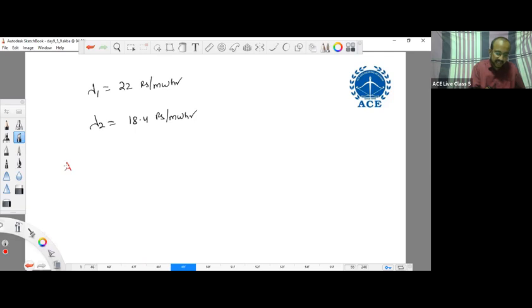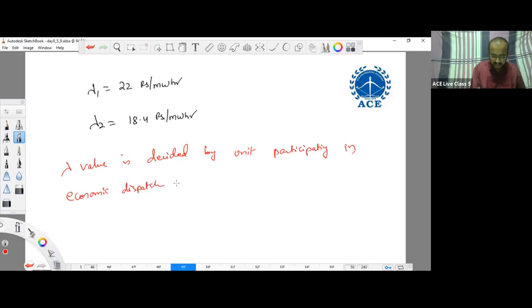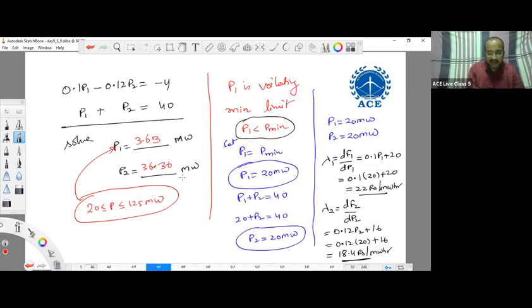Lambda value is decided by the unit participating in economic dispatch program. So which is participating in economic dispatch program, P1 or P2?